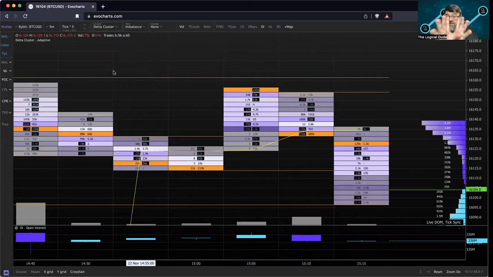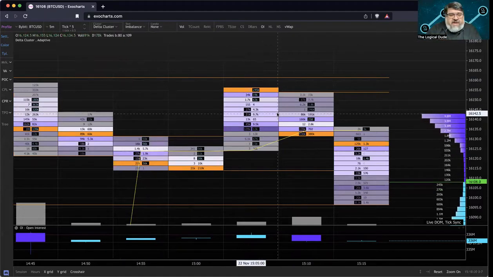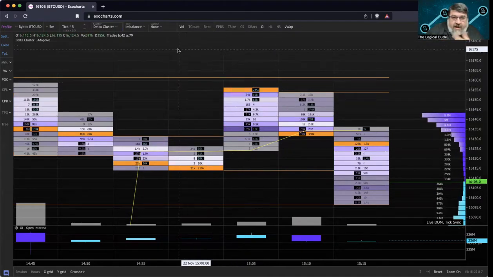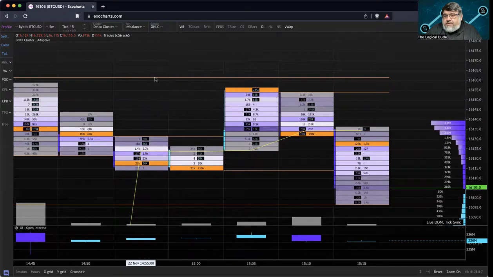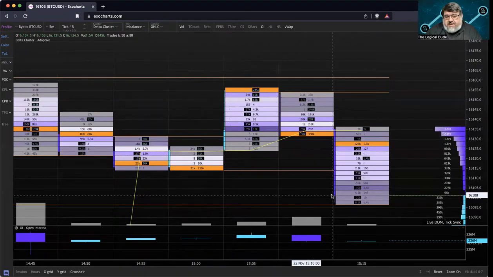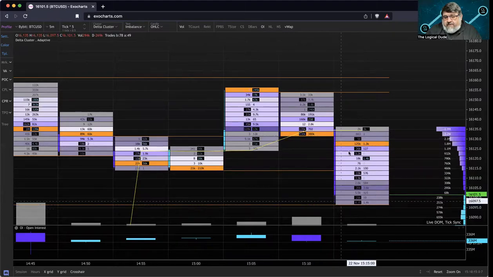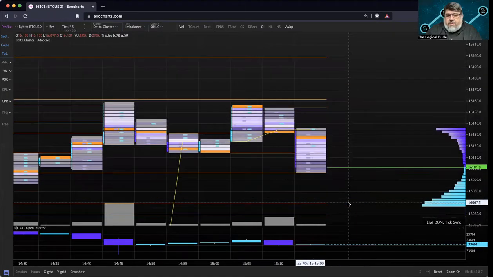It gives you a bit more of a broader view of the candle. I will also come in here and turn on the candle as well. I use the open, high, low, close candle. So you can actually see the candle over here to the side. Right now we've got a big sell candle going on Bitcoin.